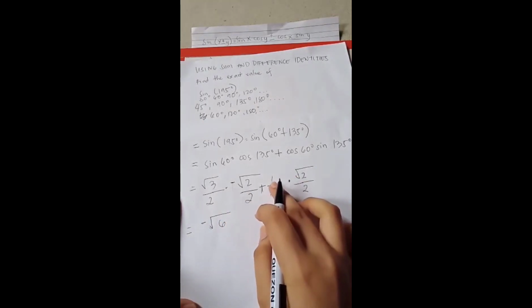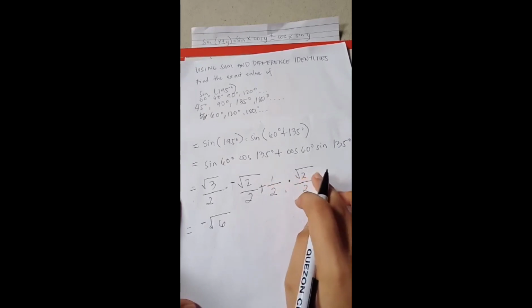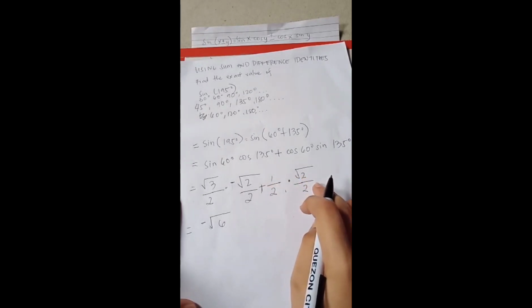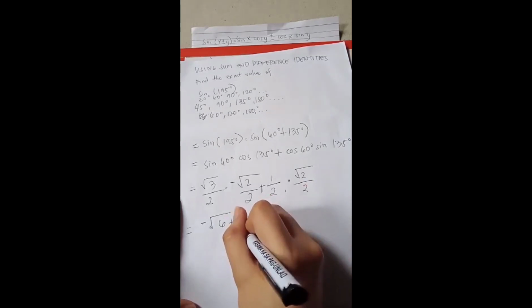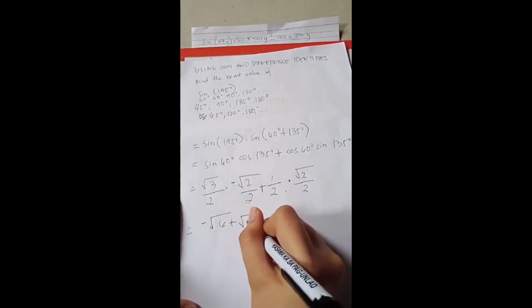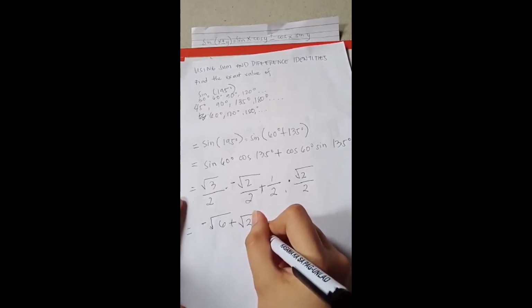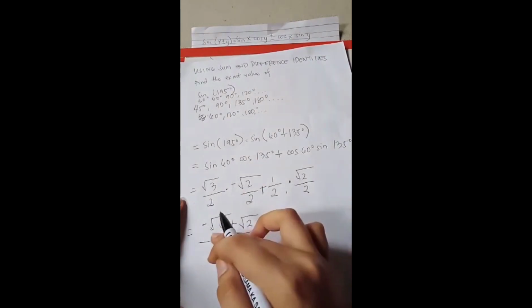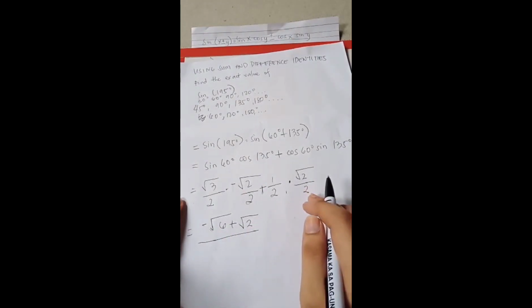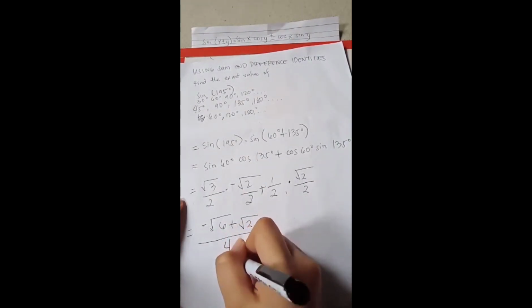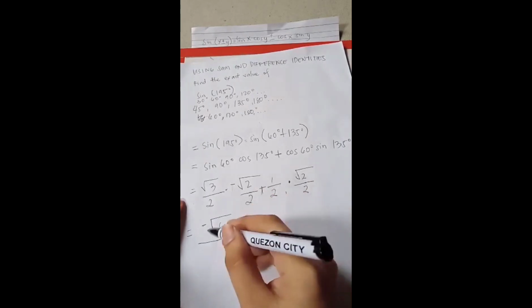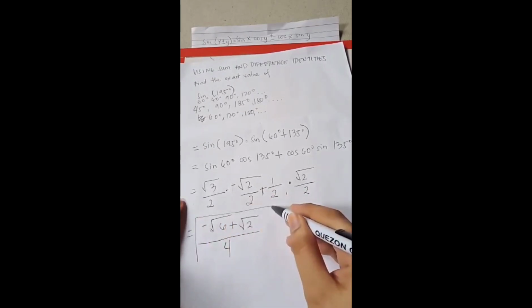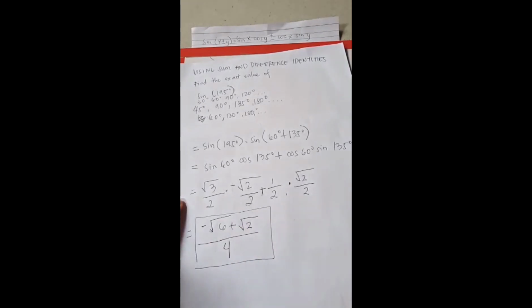And then 1 times root 2 is root 2. So we have our common denominator of 2 times 2, which is 4. This is the solution for sine of 195 degrees.